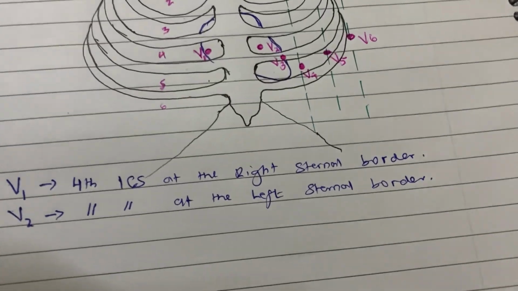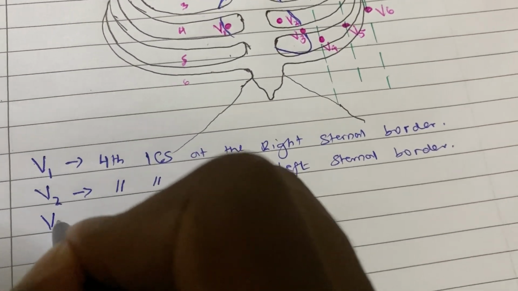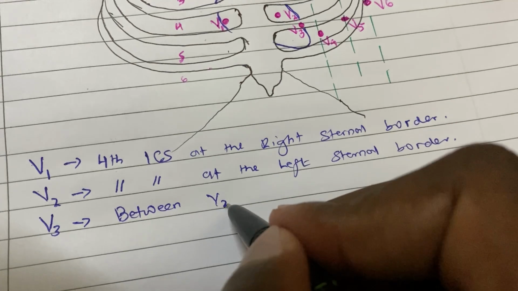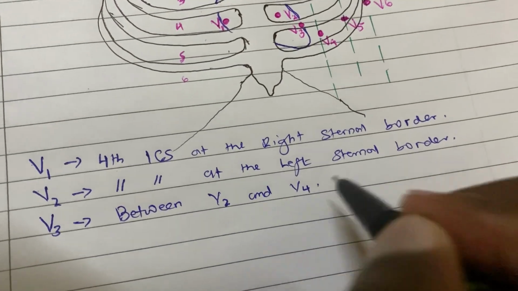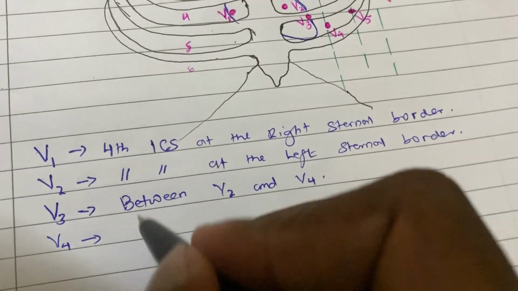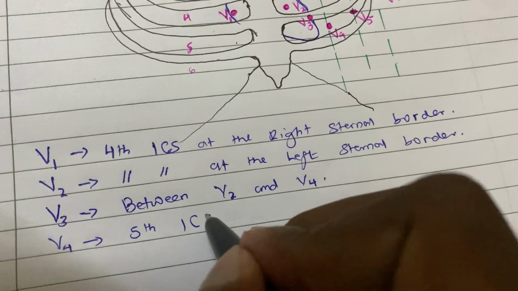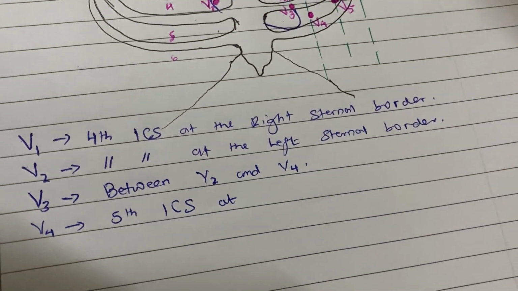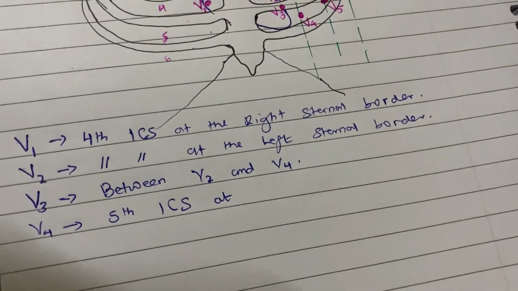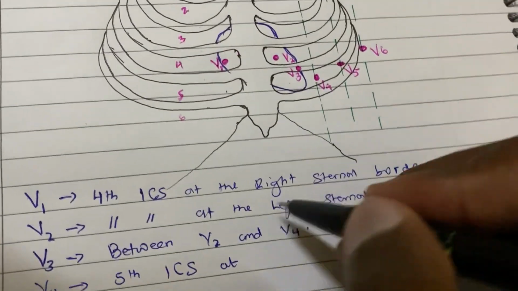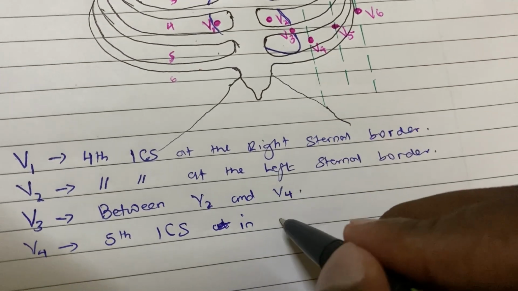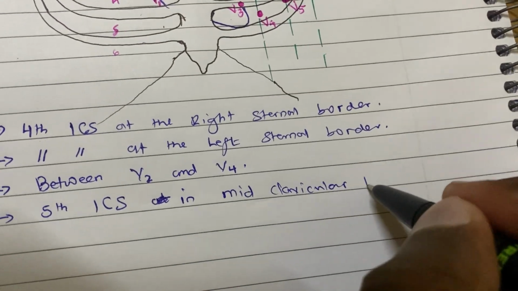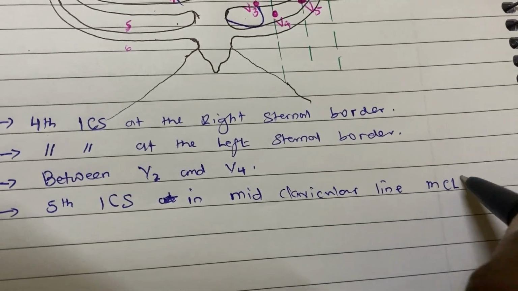So we write the placement. V3 is placed between V2 and V4, and then V4 is placed in the 5th intercostal space at the mid clavicular line.